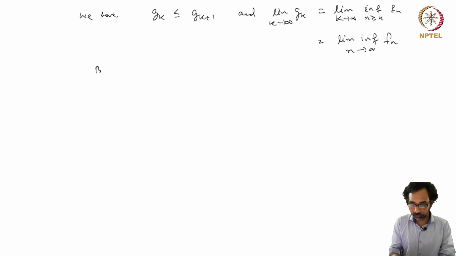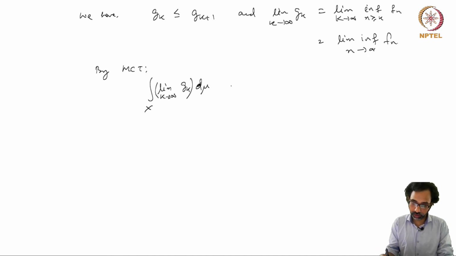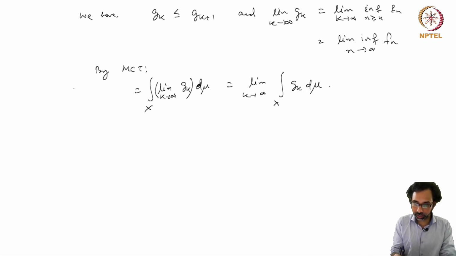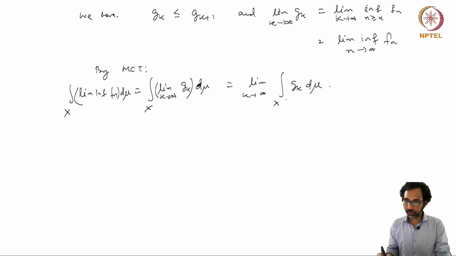So by the monotone convergence theorem, we have that the limit as k tends to infinity of the integrals of the gk's is equal to the integral of the limit of the gk's, and this is nothing but on the left hand side the integral of lim inf fn d mu.